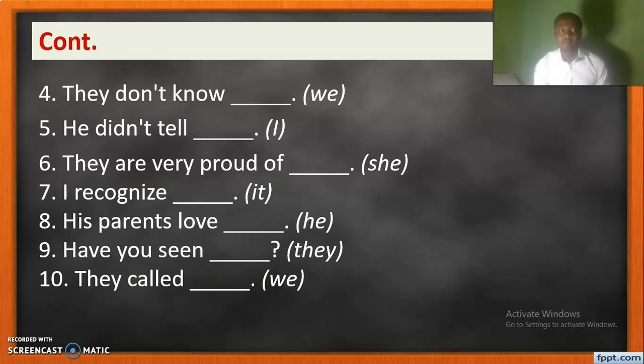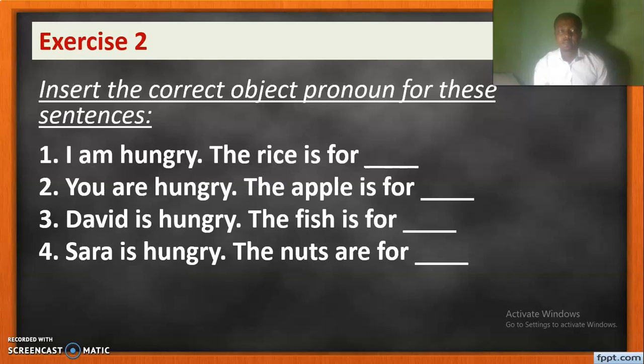Hope you got it. Here we go again. Second exercise: you are going to insert object pronouns into these sentences on your own. You get 5 seconds.